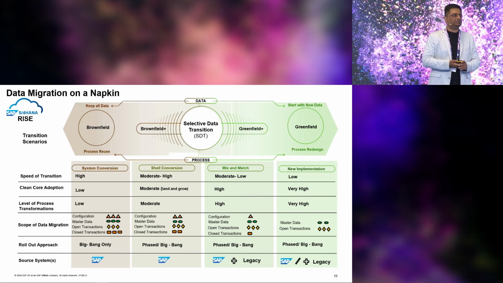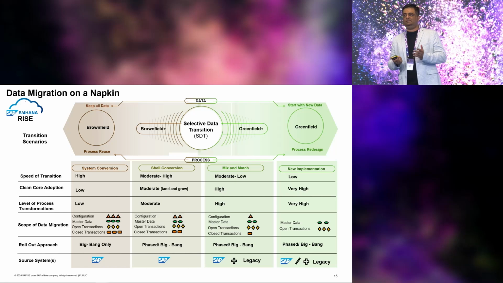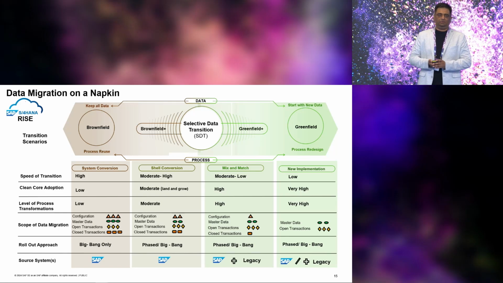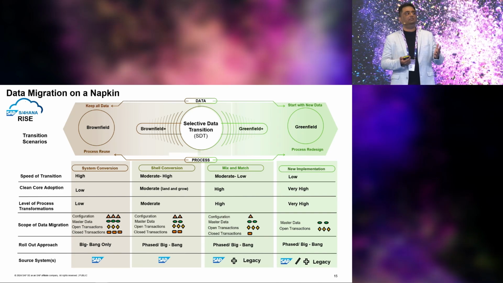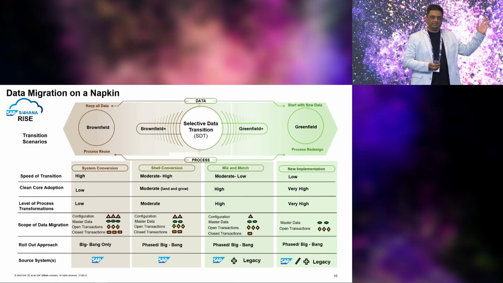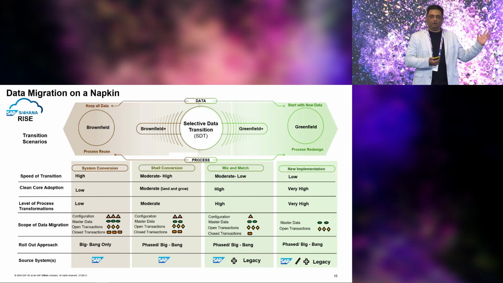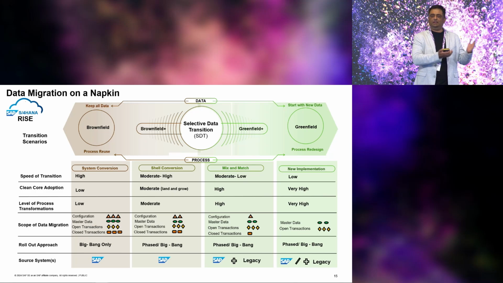We are taking the case of an SAP ECC system as an example. So as a customer on an SAP ECC system who is required to transition to S/4HANA, you typically come across 3 transition scenarios. The first one, on the left-hand side, is the brownfield or system conversion scenario. A brownfield conversion is pretty much that you take your existing ECC system and do a system conversion to S/4HANA.